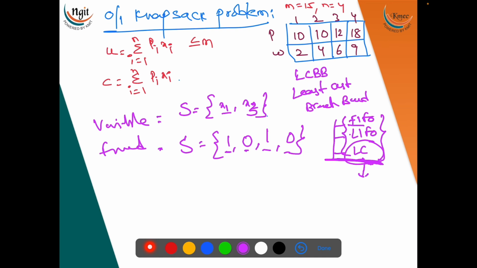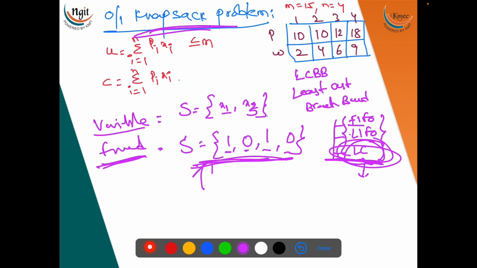You can use either one. I'm going to take the fixed size solution, and solve this problem in this form using LC branch and bound. Now let's go ahead.